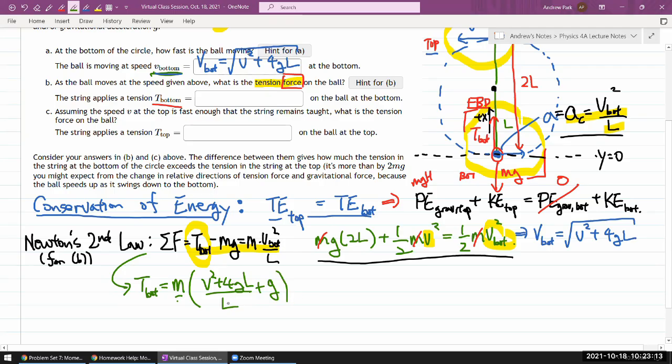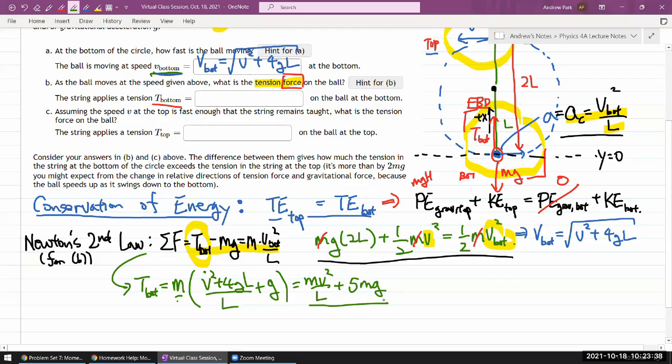Oh, I think I can simplify it a little bit more. I can cancel this L with that L and get tension at the bottom is going to be, let me write it this way, mv squared over L, that takes care of this term. And then the rest will be 4 mg plus mg, so plus 5 mg.